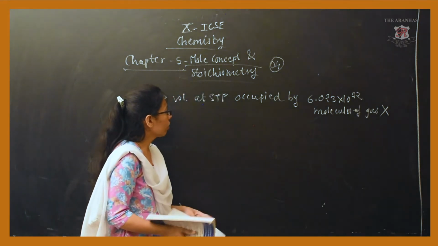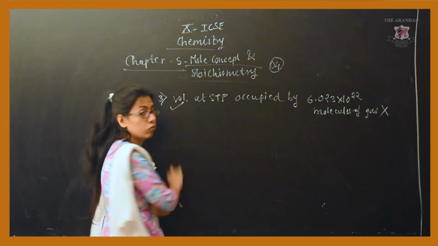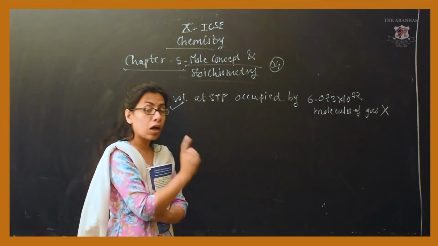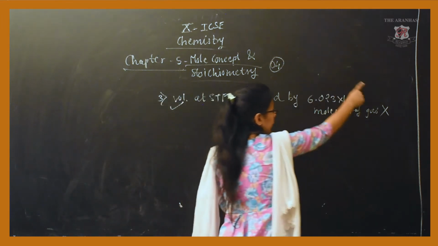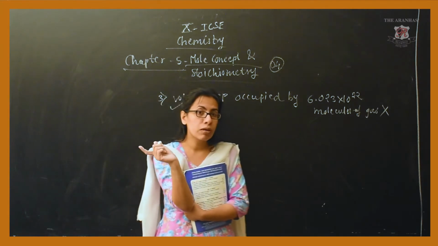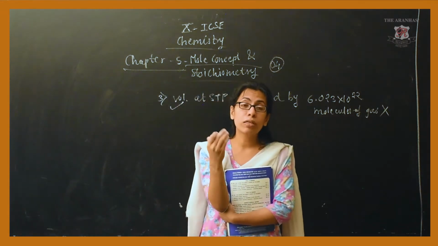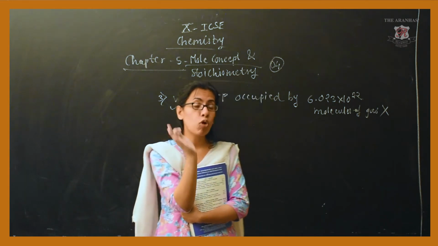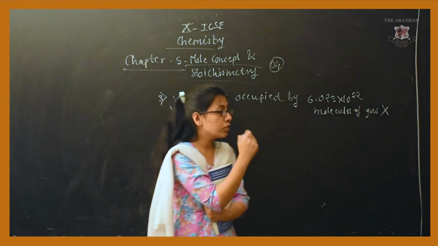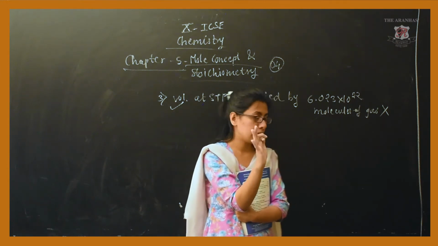Now, if you look carefully, what have they asked us? The volume occupied by how many molecules? These many. Now, is this Avogadro's number? No. Why? Because Avogadro's number is 6.023 into 10 raised to 23, whatever may be the gas.